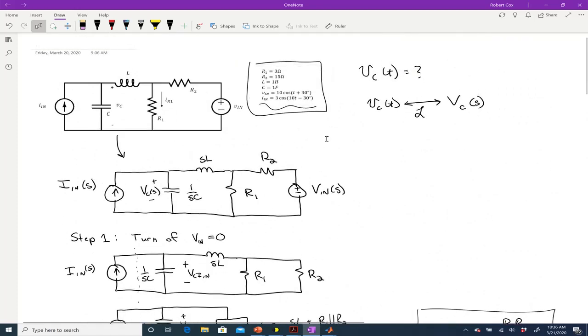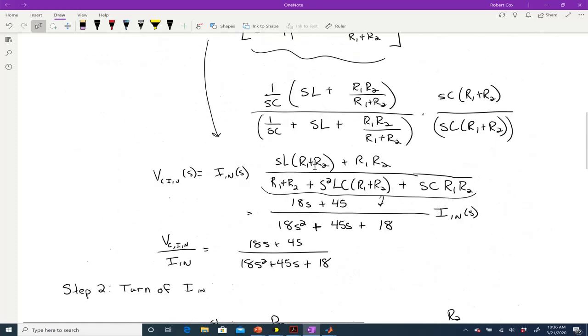We're not going to go any further. I just wanted to do that analysis in an example here.